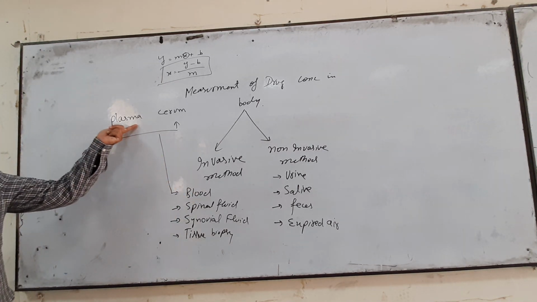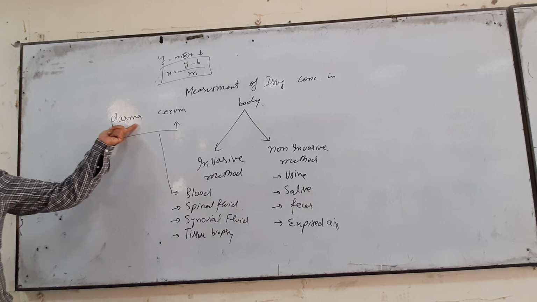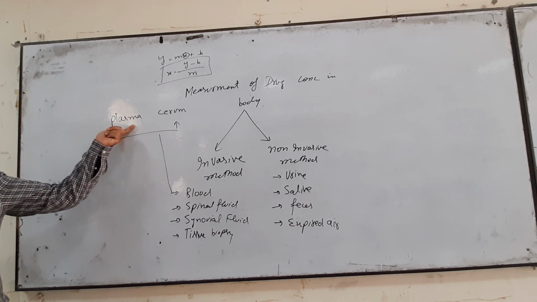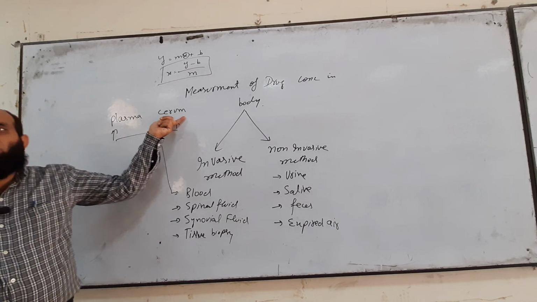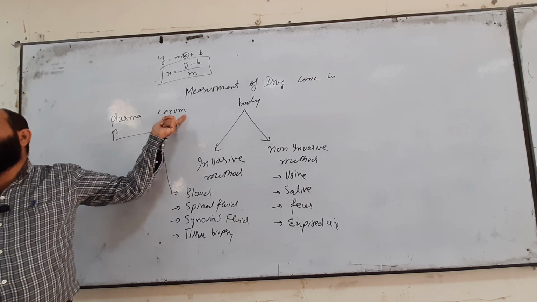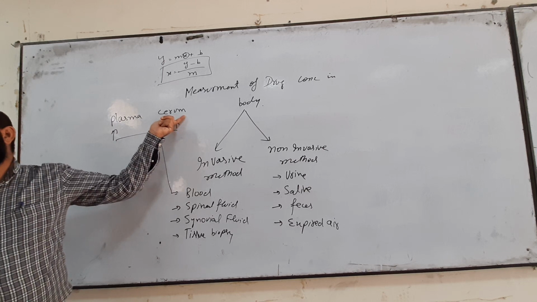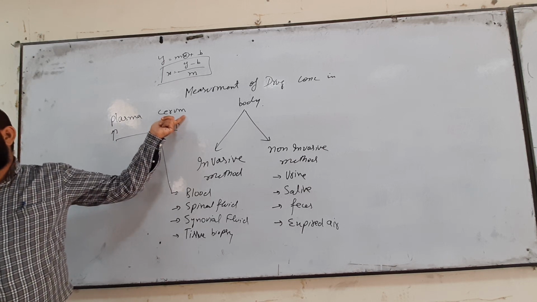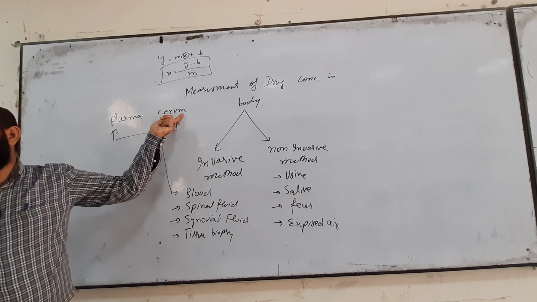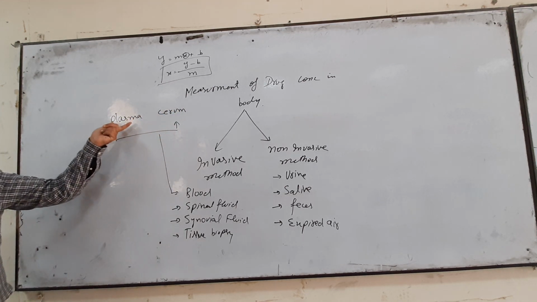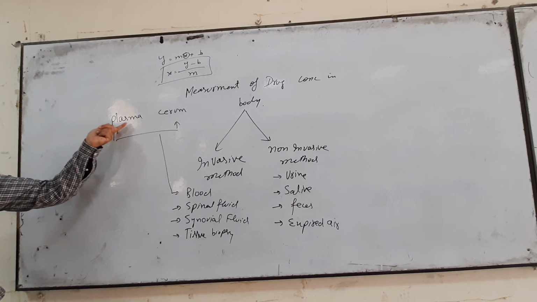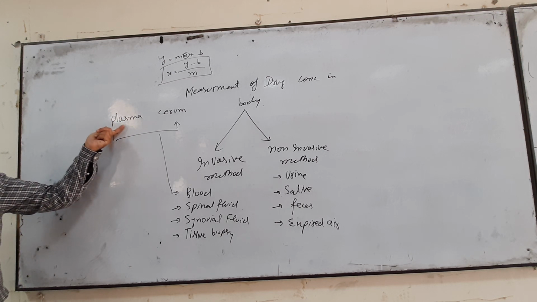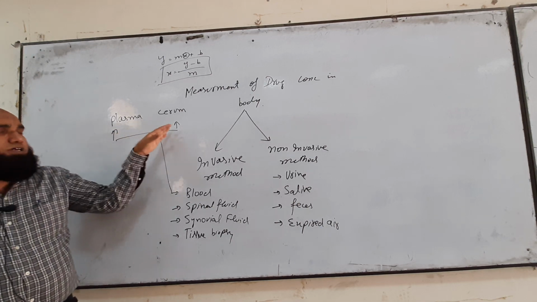Another is plasma. Plasma has the plasma proteins, but the blood cells are absent. In case of serum, blood cells are absent and also some proteins, like fibrinogen, are absent. In case of plasma, albumin and other plasma proteins are present, and water, but without blood cells.